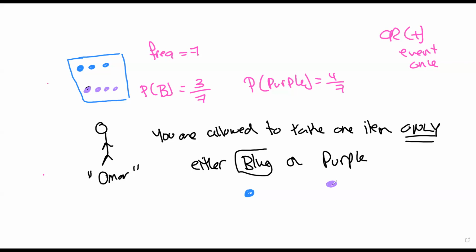Again, you are allowed to take one item only. So Omar will choose either the blue or the purple, and eventually he will have one item in his hand, which could be whatever color.